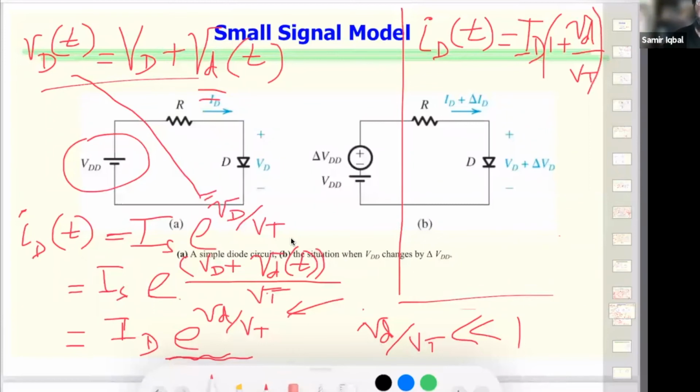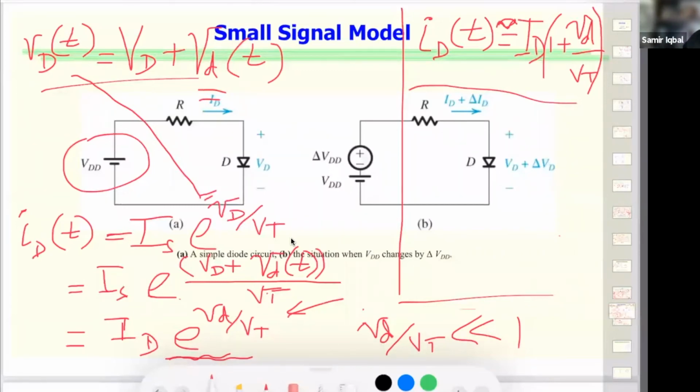I just truncated the remaining smaller terms and took the first two terms. This is called the small signal approximation. It is valid for signals whose amplitude is smaller than about 5 millivolts, and V_T is still 25 millivolts here.